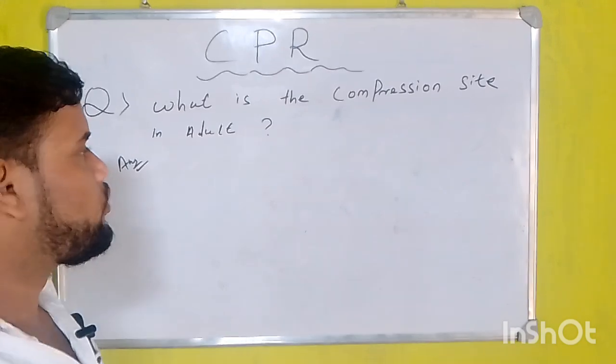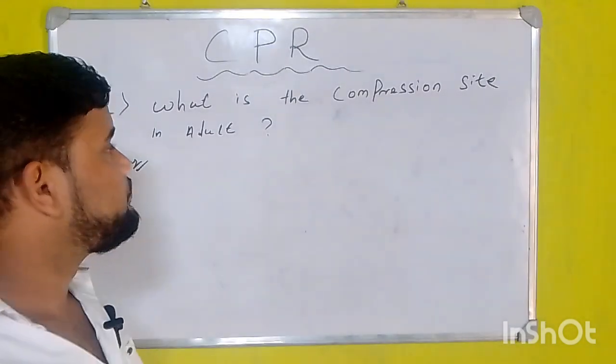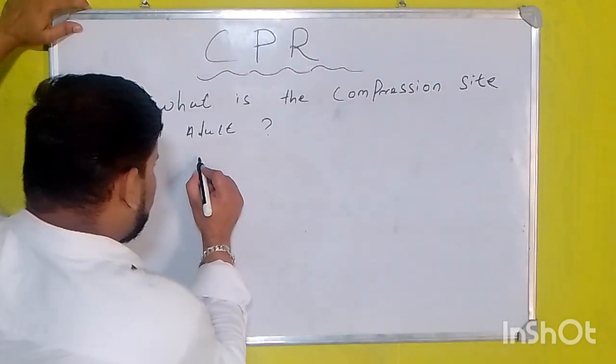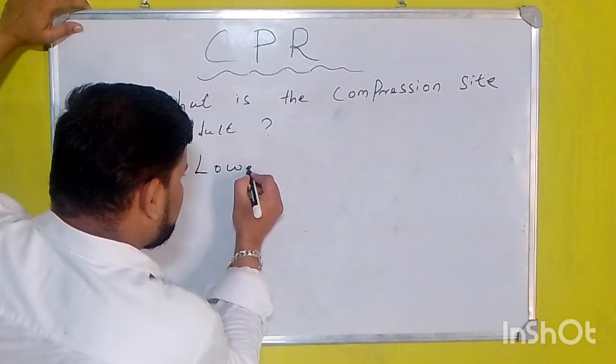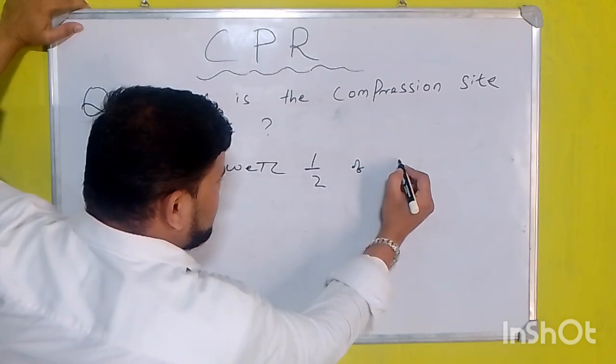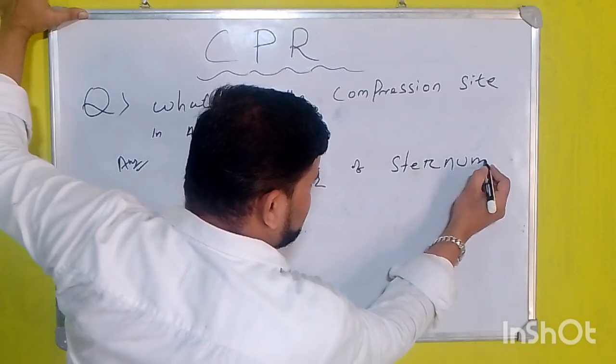The site of compression in CPR in an adult, the answer should be the lower half of the sternum.